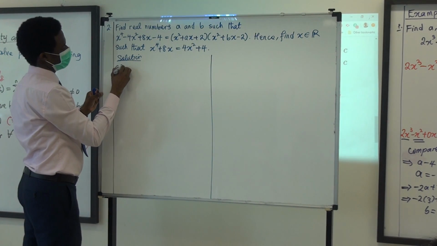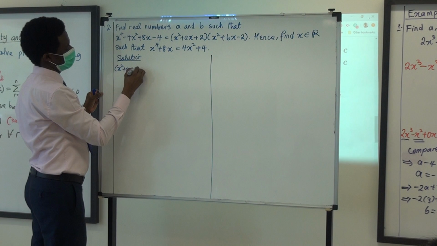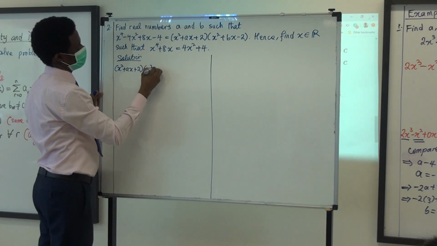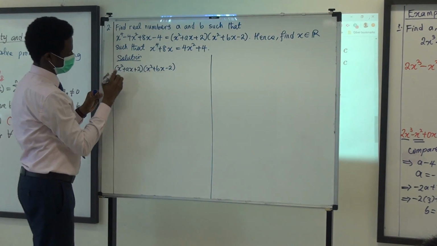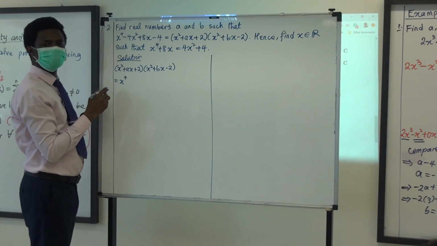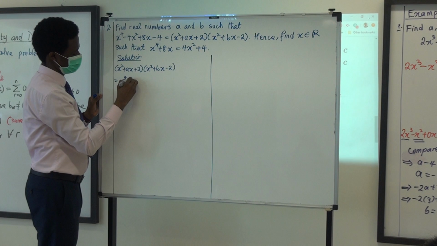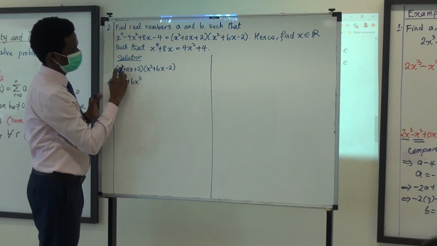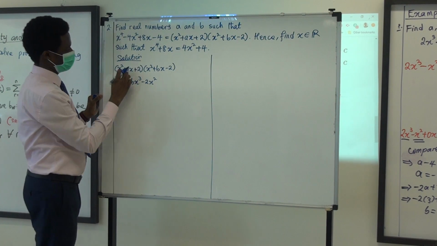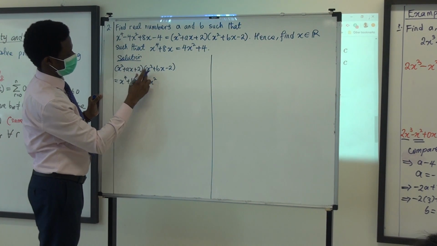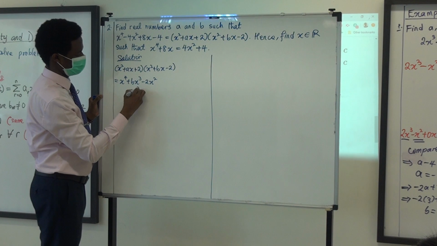So 2x squared plus ax plus 2, times x squared plus bx minus 2, will give x to the power 4, yeah? This will be what? bx cubed minus 2x squared. Then I have ax cubed positive.